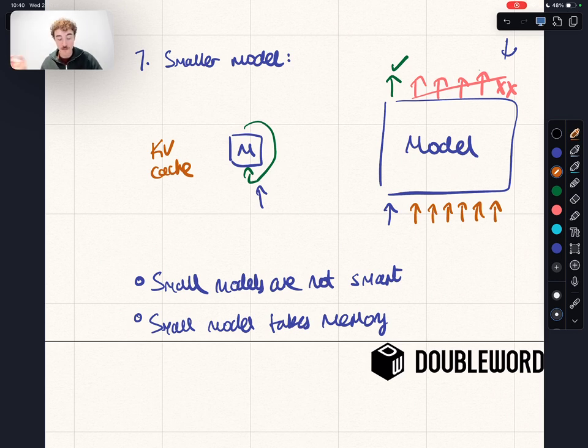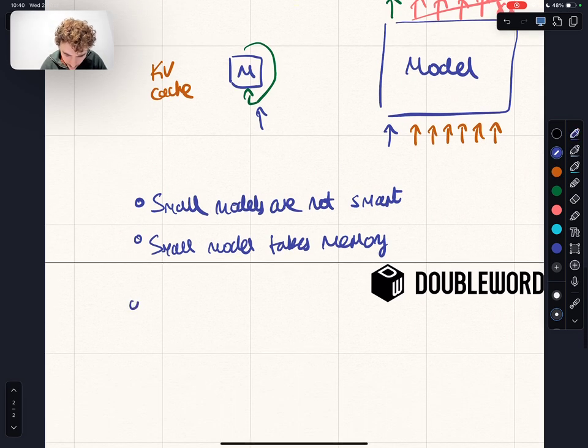Not to mention the small model has to run before the big model, incurring some sort of latency overhead. So if your small model is not producing a lot of accepted tokens, you really would rather not be paying this price. And finally, for many models, there is no associated small model.